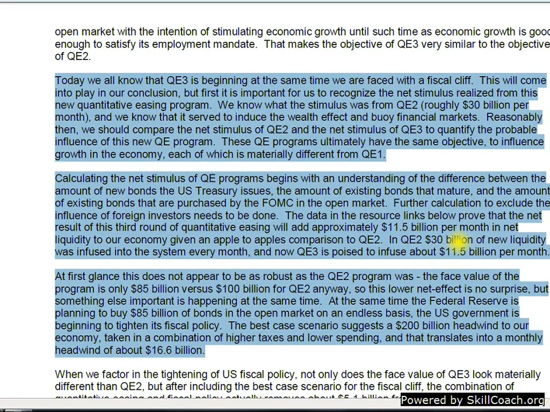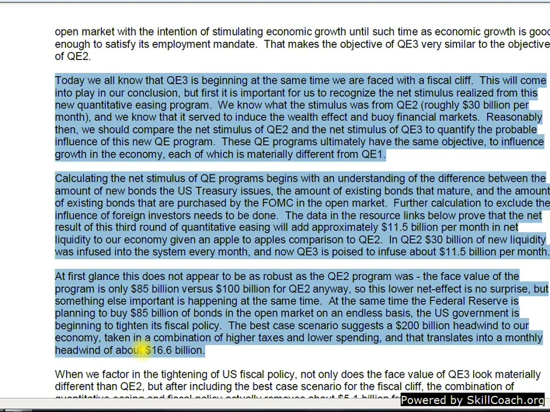The interesting thing, though, is now something else is happening. Monetary policy is one thing, but now there's another part of this equation, and that comes in the form of fiscal policy. In fact, given what's happening now, fiscal policy is tightening, where monetary policy is still loose.